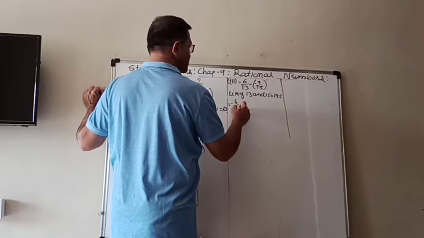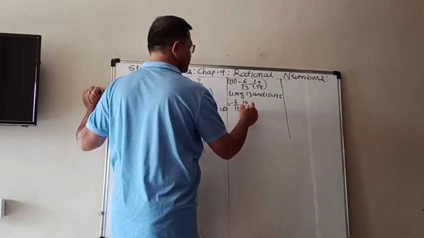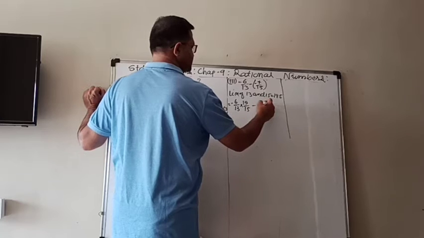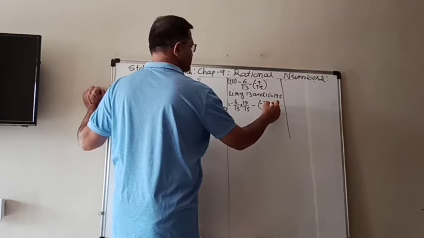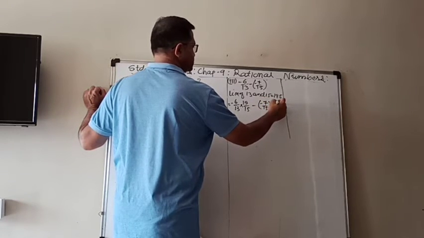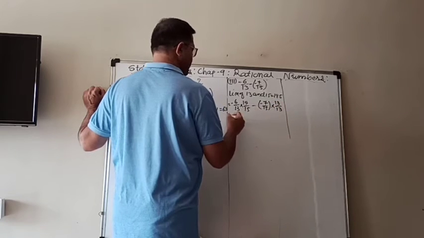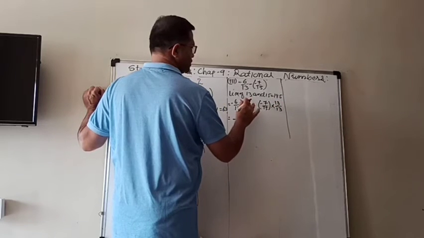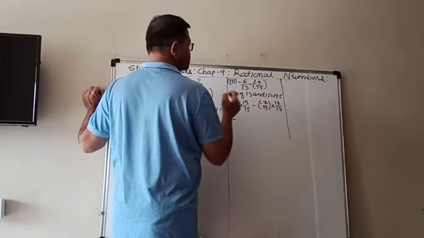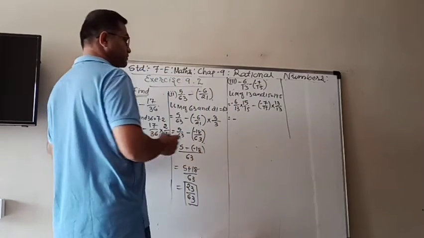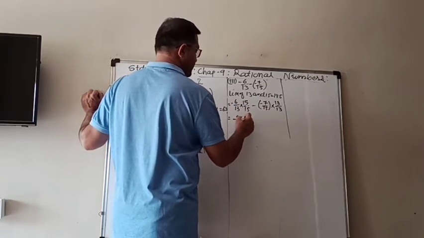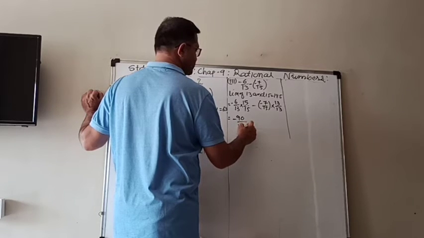So minus 6 upon 13 into 15 upon 15 minus 7 upon 15 into 13 upon 13. So now 15 6s are 90, so minus 90 upon 195.